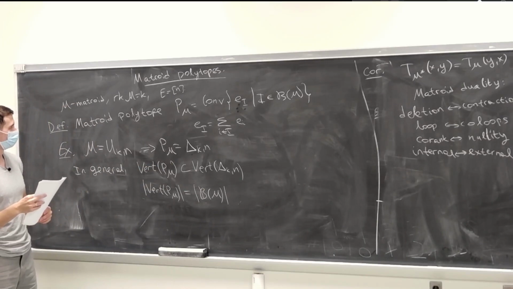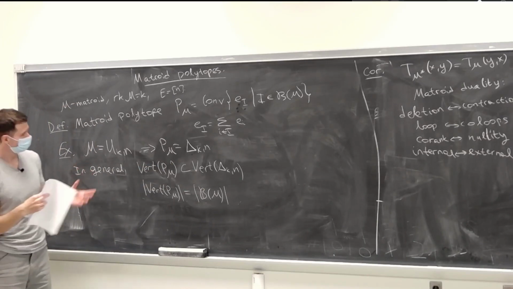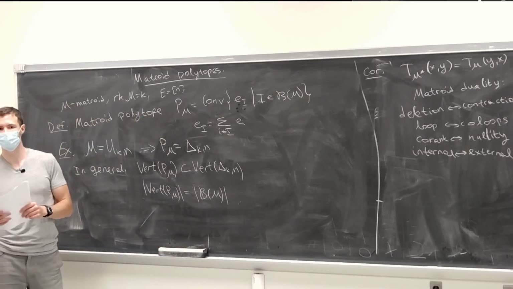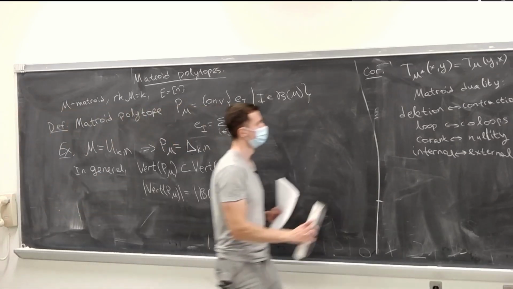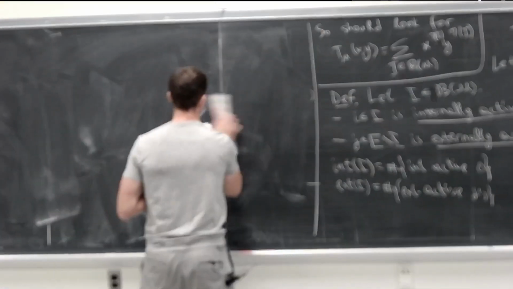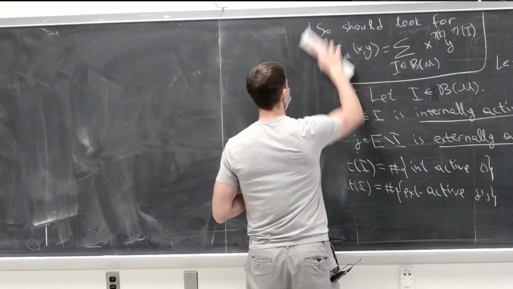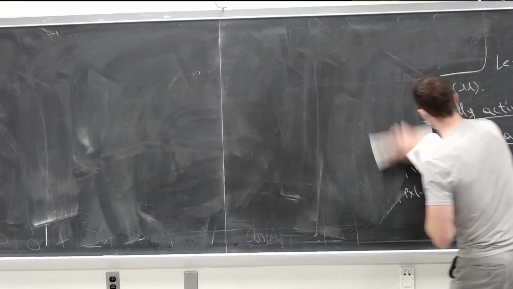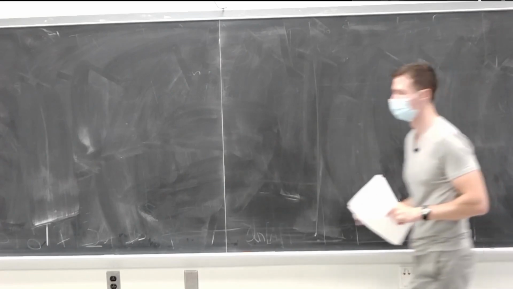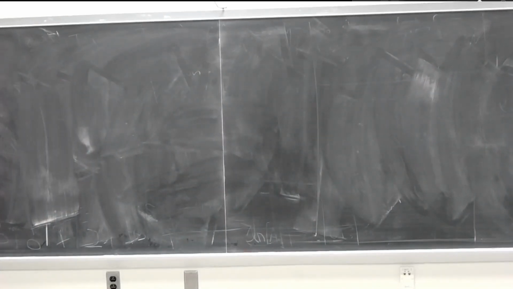So if I give you a polytope, how can you tell if it's a matroid polytope or not? Any ideas?